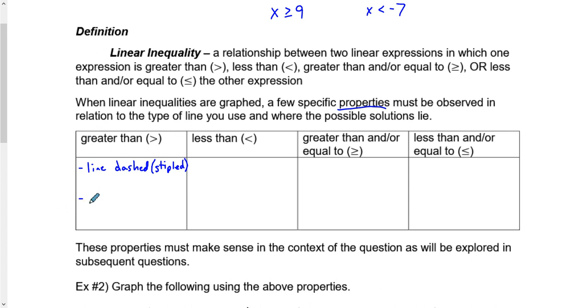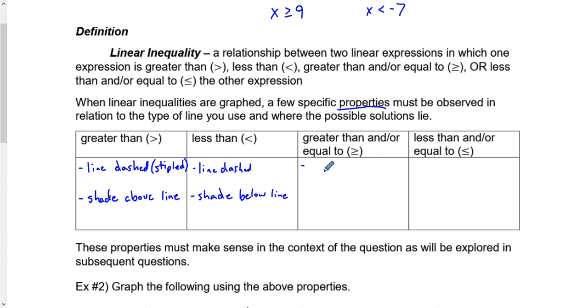Because it's greater than, and we'll make more sense of this after some examples, we would have to shade above the line. Less than: the line is also dashed or stippled. The only difference is that because it's less than, we need to shade below the line.